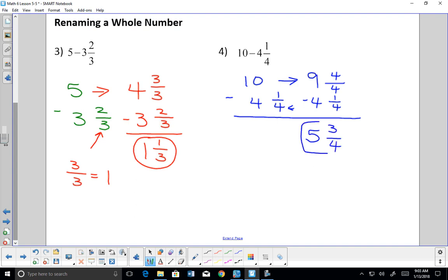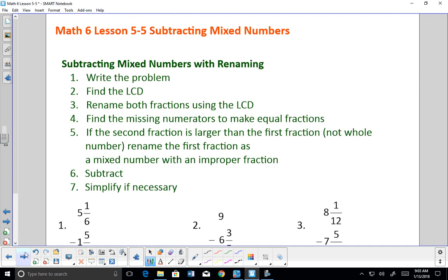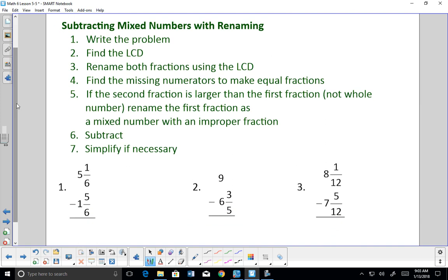It's not too bad when you have whole numbers subtracting a mixed number. It's a little bit more complicated when you have a mixed number subtracting a mixed number. Now we're going to talk about subtracting mixed numbers with renaming. This problem is like example 2 at the beginning of this lesson.